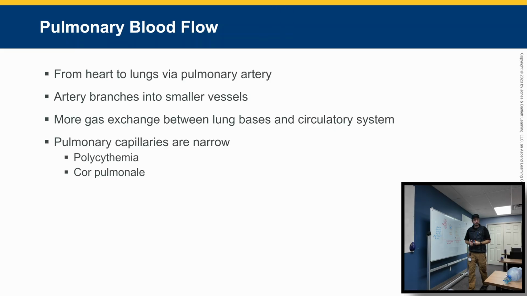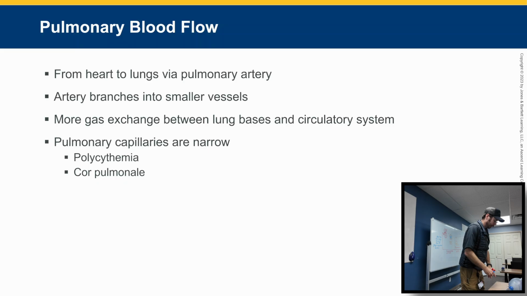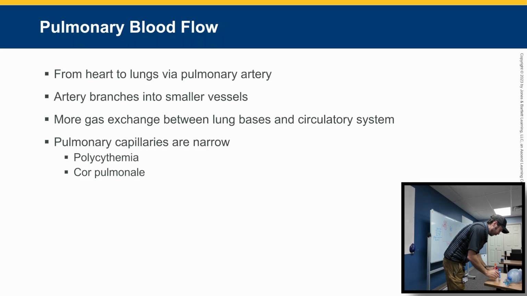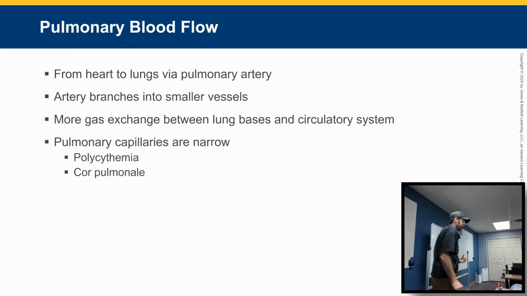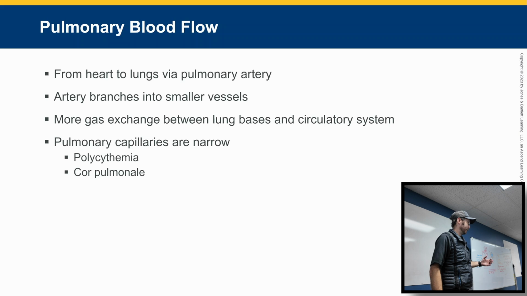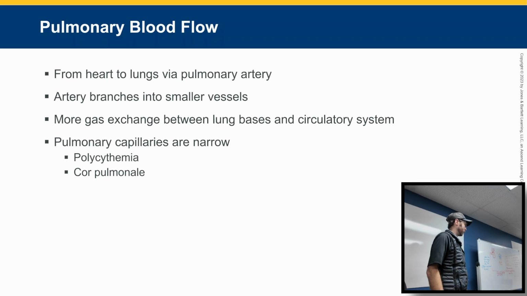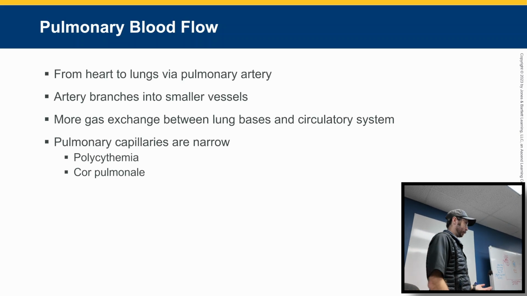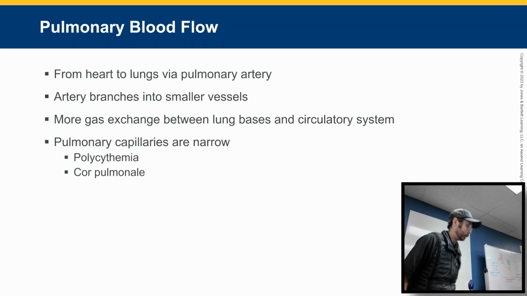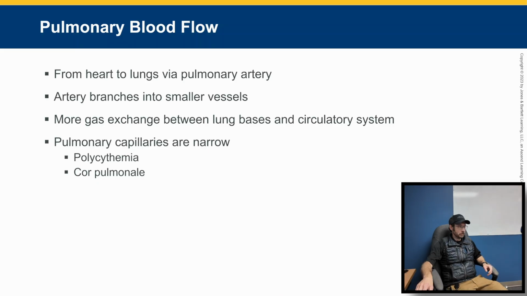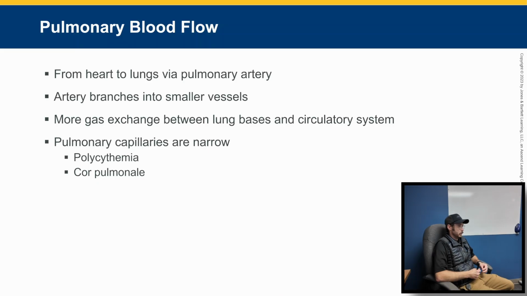Now, this whole process here, so cor pulmonale refers to right-sided heart failure that is secondary to that increased workload over time on the right ventricle because of the COPD disease process, right?